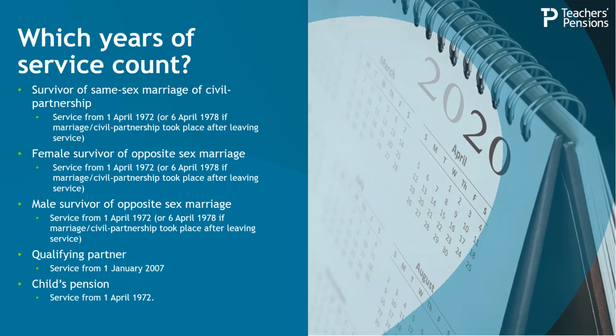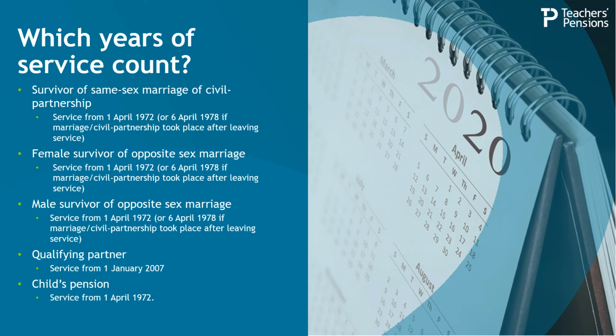Which years of service count? Survivors of same-sex marriages or civil partnerships, female survivors of opposite-sex marriages and male survivors of opposite-sex marriages have service from the 1st of April 1972 or the 6th of April 1978 if the marriage or civil partnership took place after leaving the service.